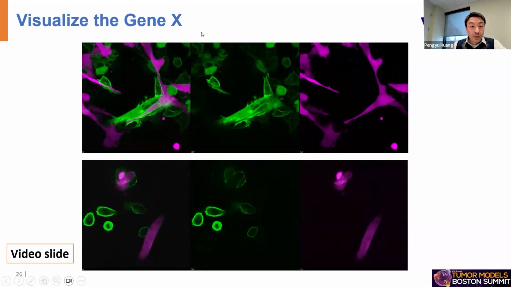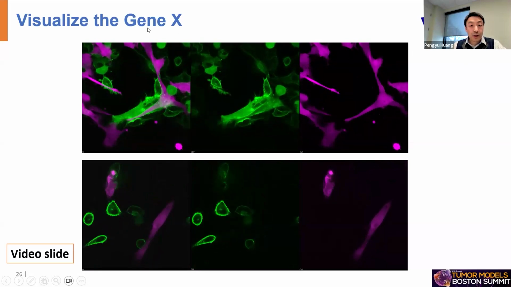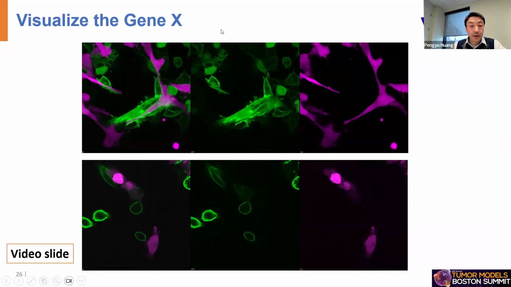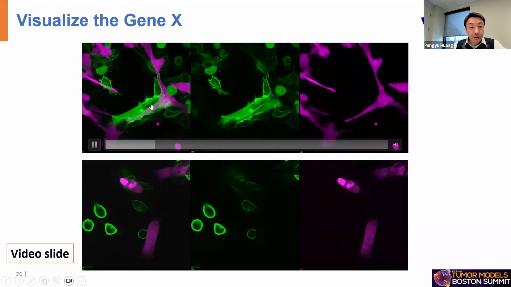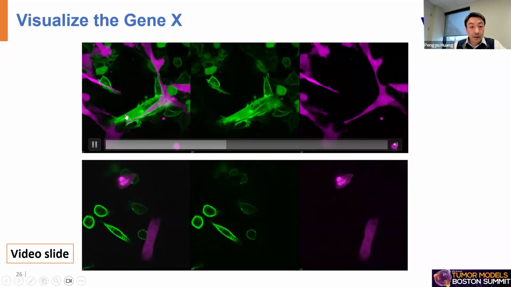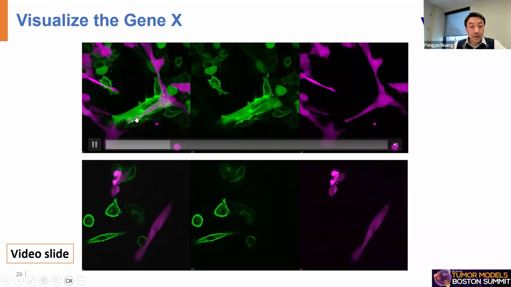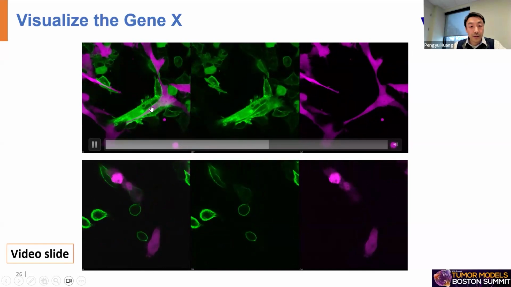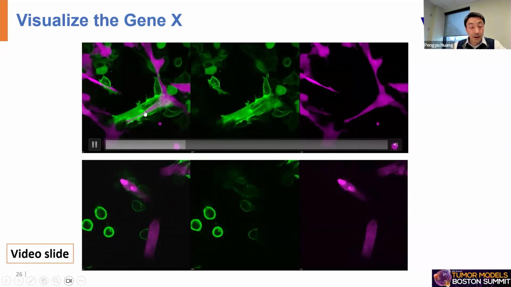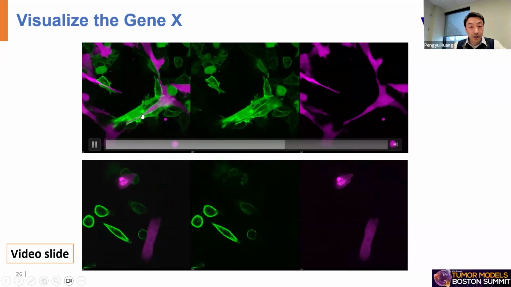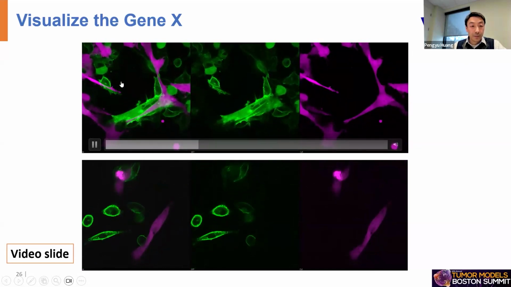So to visualize gene X, I tagged gene X with GFP. Then I did the co-culture. You can see here the tumor cell with the CAFs. You can see the green color accumulated just between the two cells. I think they have some kind of connection, a cell-cell interaction.